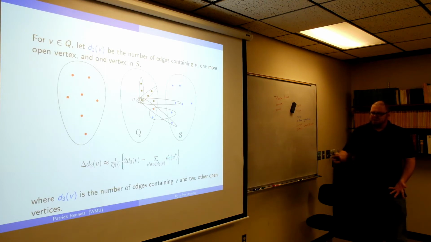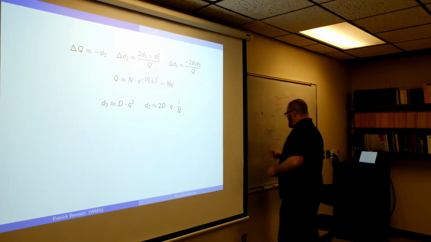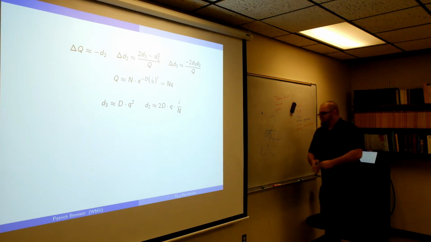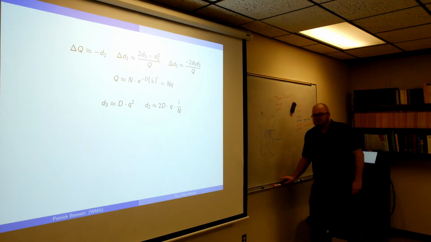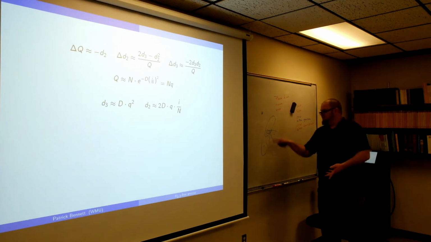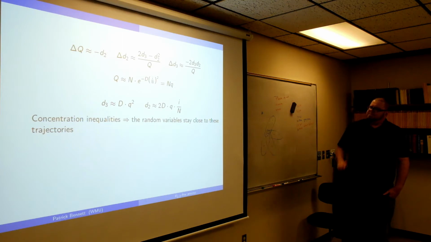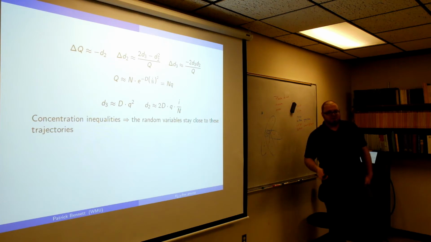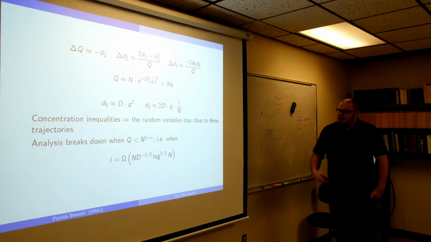It turns out that if you want to describe how much d3 changes in one step, you can describe it in terms of all total how many of those edges should count for d3. Well, it's just however many of those edges have both of the other vertices open, and that should be q squared, if we think of lowercase q as the probability a random vertex is open. And then we have concentration inequalities that say that these random variables actually do stay close to these trajectories.